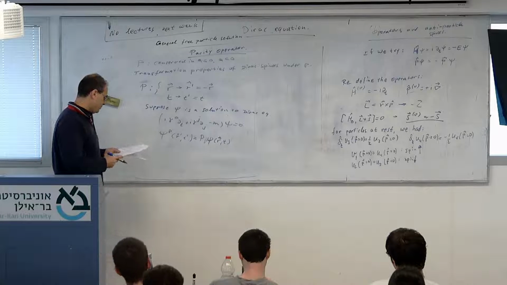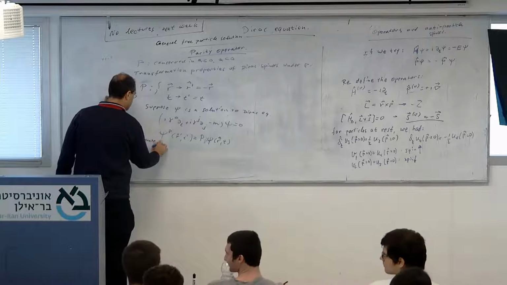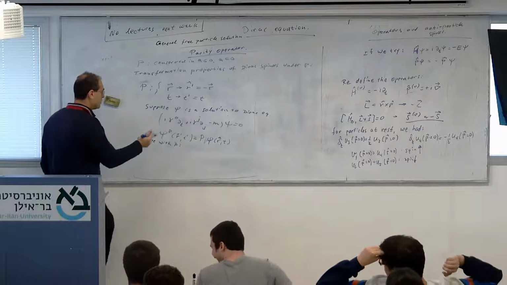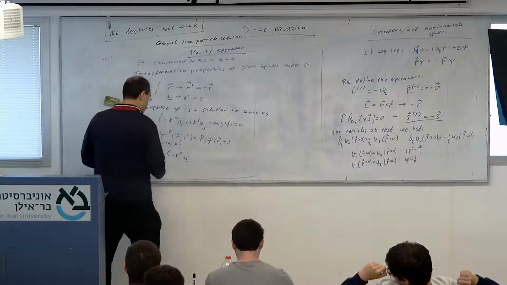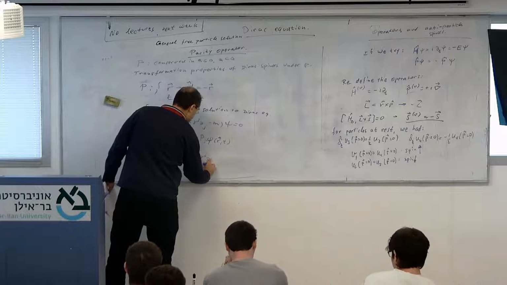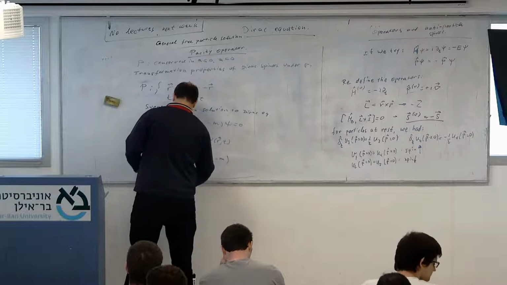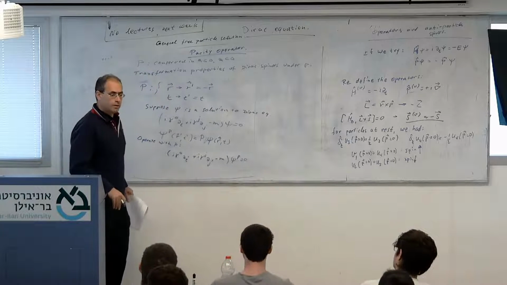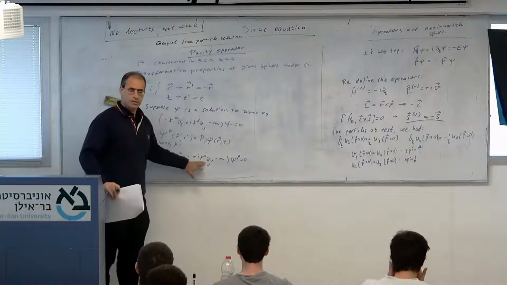Now I'm operating with P, so the new wave function is acted on by P. Then I have the new Dirac equation in the new coordinates: i gamma^0 d_t' plus i gamma^j d_j' minus m, acting on psi_P, is equal to 0. Isn't it gamma^j prime d_j prime? No, gamma^j are just matrices. They are constants.